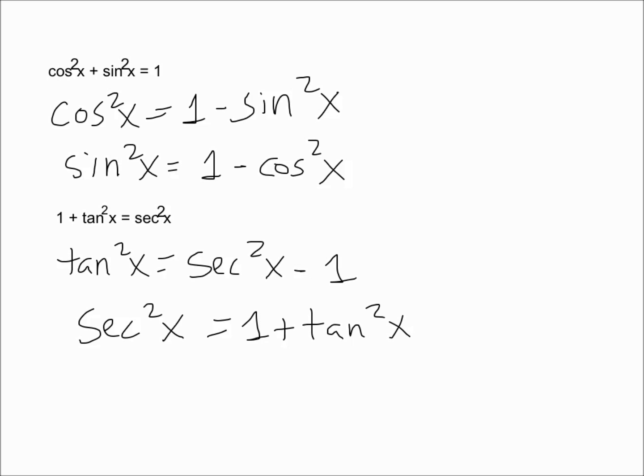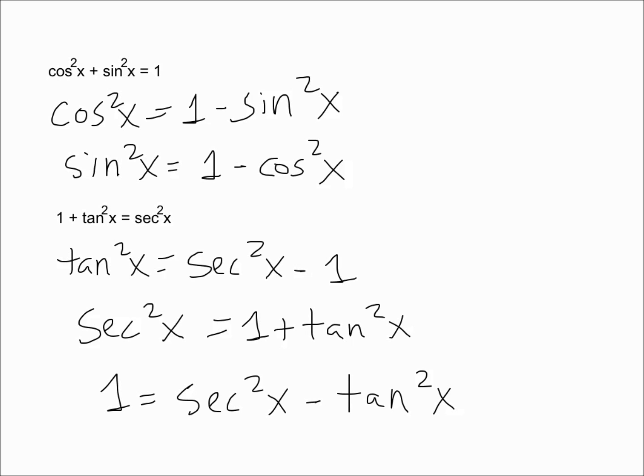And finally, you can also say that 1 is equal to secant squared of x minus tan squared of x. So you can see that these are very useful for when you want to convert from one function to another. And they can really simplify the problem by a lot.